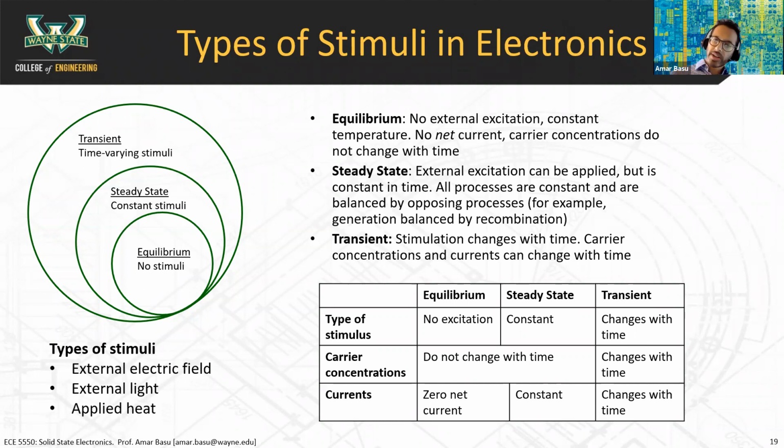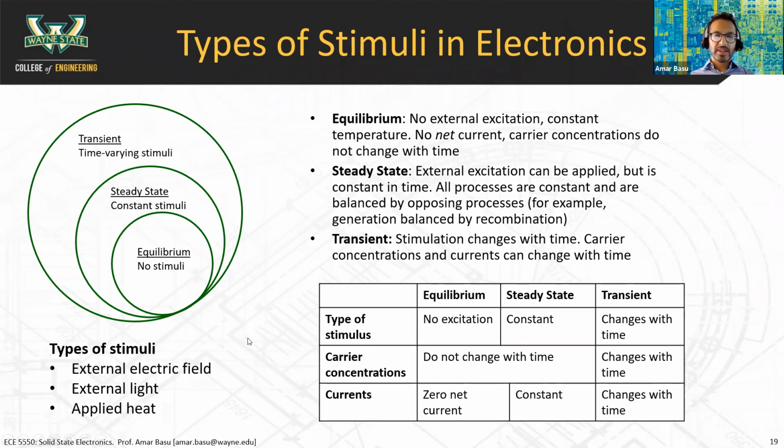In electrical engineering, we can think about electric fields and light. Imagine that we apply a voltage that changes with time. We often talk about the step response of an electrical circuit, where the voltage goes from 0 to 5 volts, and we look at how the circuit responds over time.